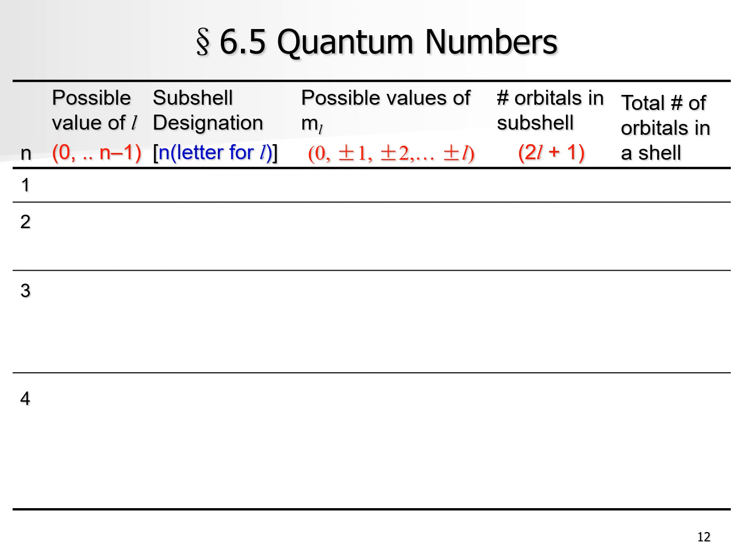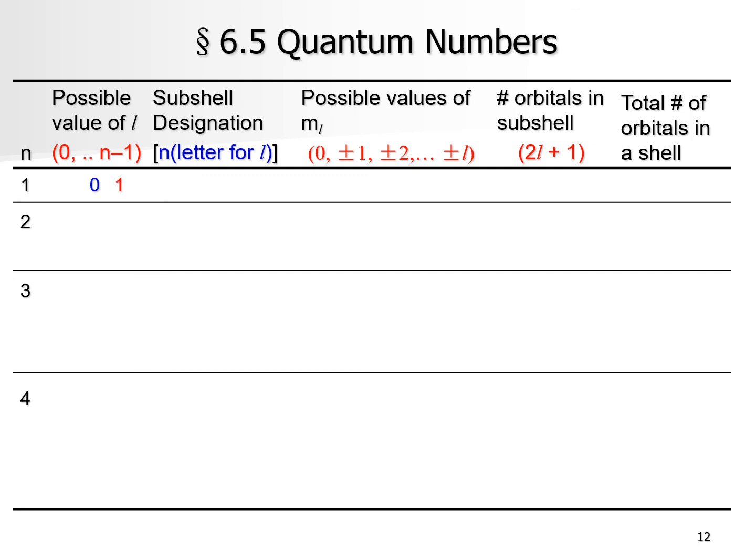If N is equal to 1, according to the rules here for the L value, it's 0. Right? Can it be 1? If it is equal to 1, then L would be the same value as N itself, which cannot be allowed. Remember, it has to be N minus 1.